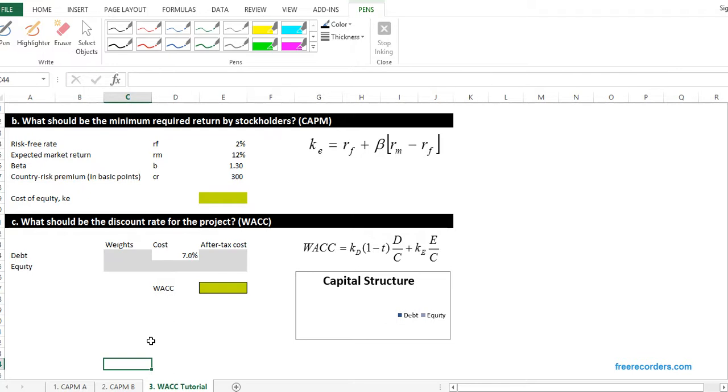This is a subjective input. Sometimes it's only an opportunity cost. For example, if we're talking about a project where we are exploiting some land, the direct opportunity cost is to rent the land to someone else. So that's a minimum return that we should obtain in order for this project to be interesting financially.